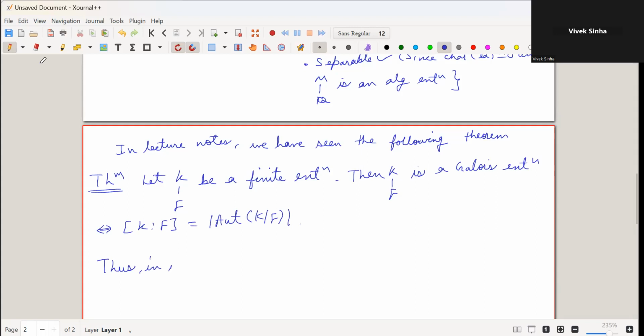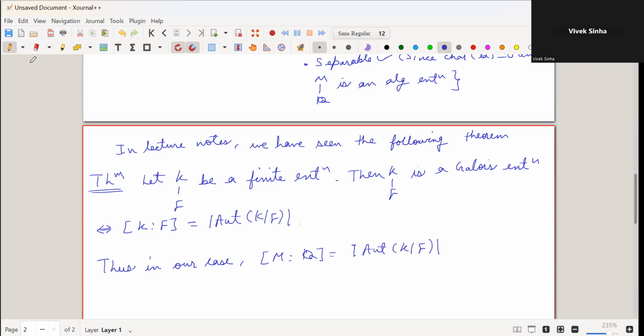Thus in our case we already have the extension to be Galois and it's finite also. So this should hold. Thus we will get the dimension of M over Q is the same as the order of the automorphism group of M over Q. And what is the dimension of M?